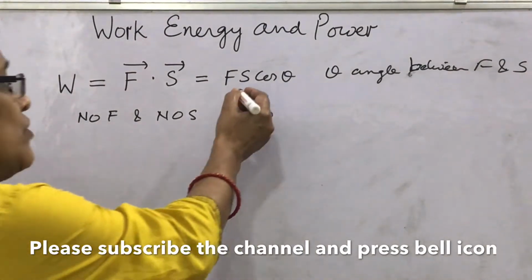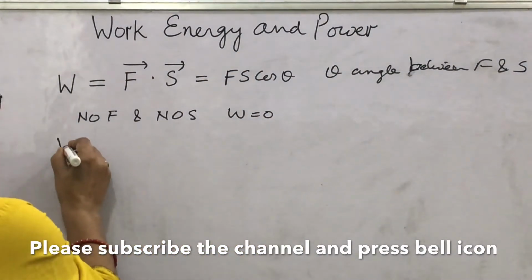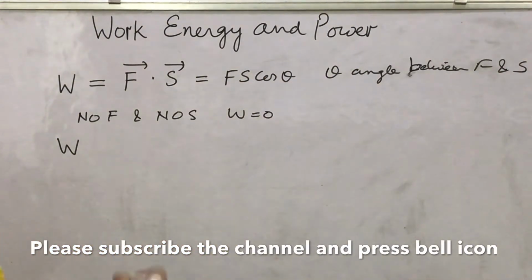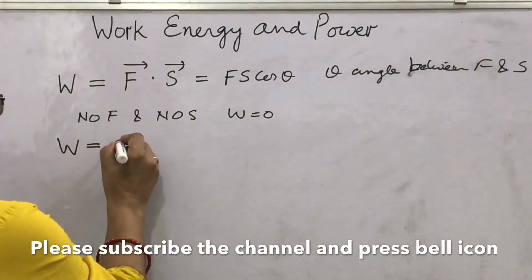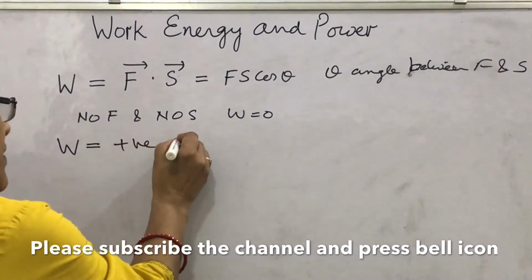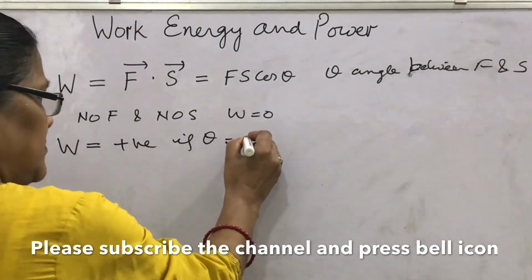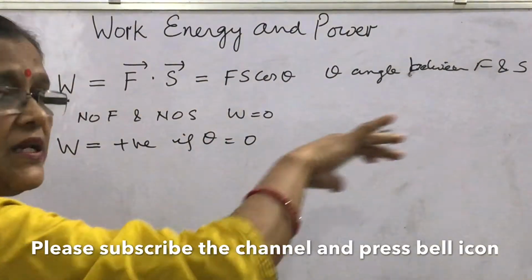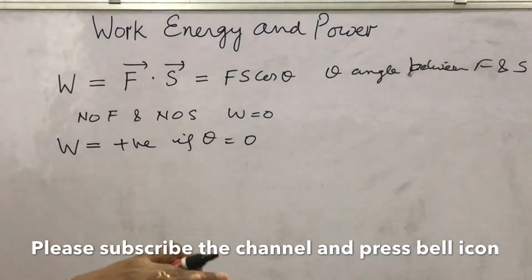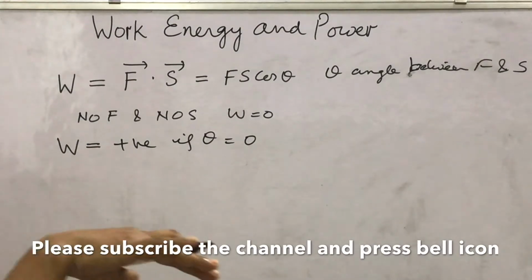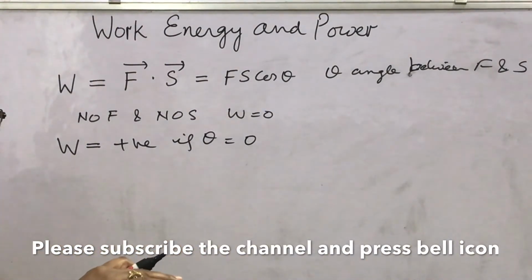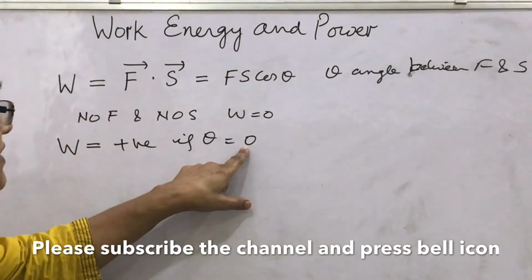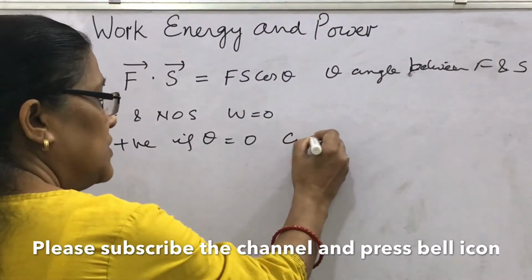Dot product means there is another term, cos theta. So what will be the work done if you have this formula Fs cos theta? Work is positive if theta is 0, that is, force and displacement are in the same direction. As I told earlier, the force acts on a body and it is displaced in the direction of force. Theta is 0, cos 0 is 1.